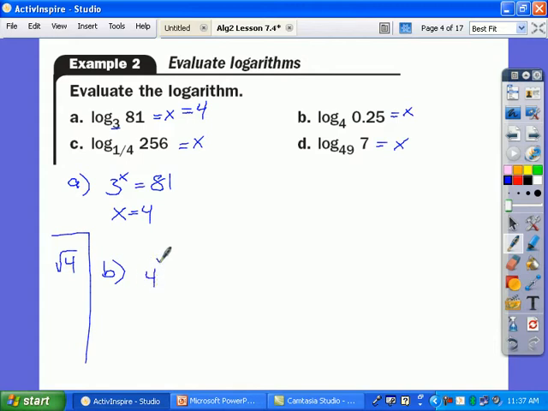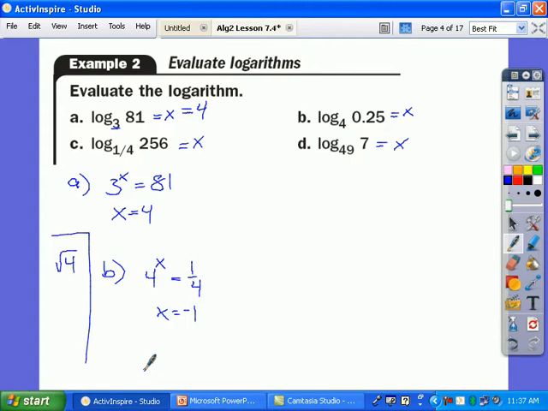So I need to figure out an x value, 4 to some power, that gives me 1/4. So x has to be -1. x equals -1. Okay. Let me go through the next two examples, and then there will be a few problems for you to try.